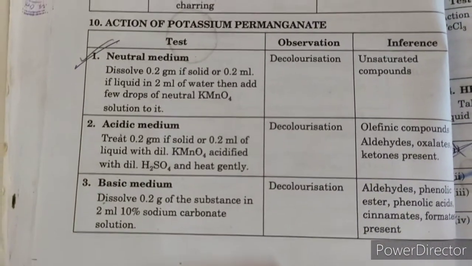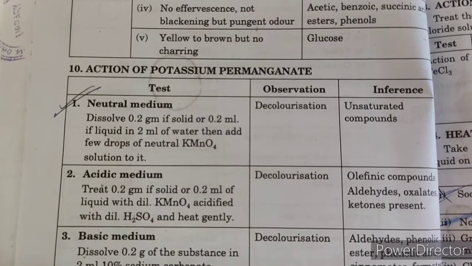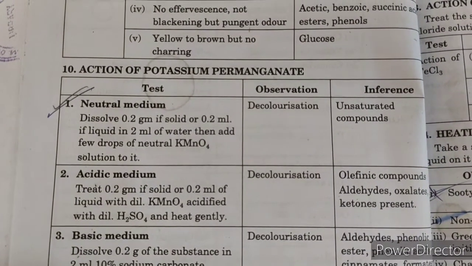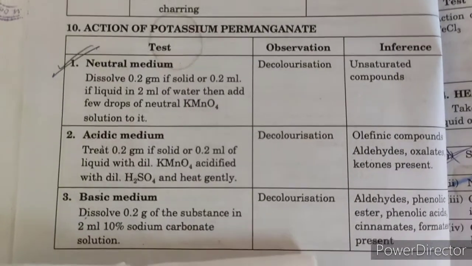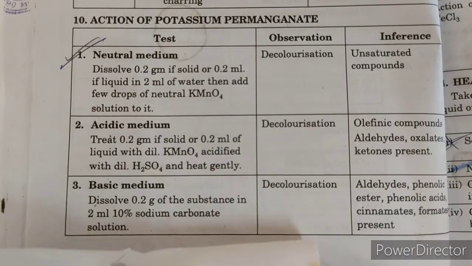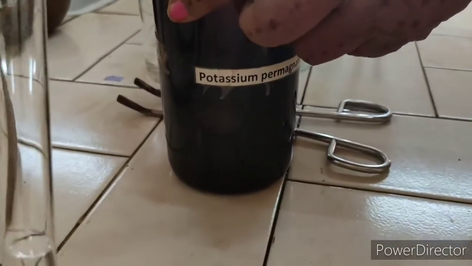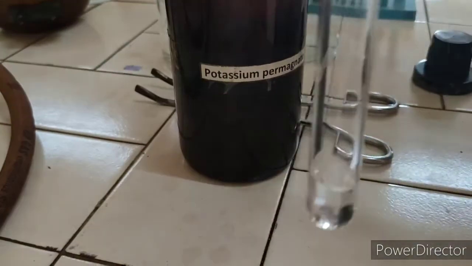The next test which we are going to perform is the action of potassium permanganate. This test is used for confirmation of unsaturation in the compound. For this test we have to take a small amount of liquid sample and put a few drops of potassium permanganate.